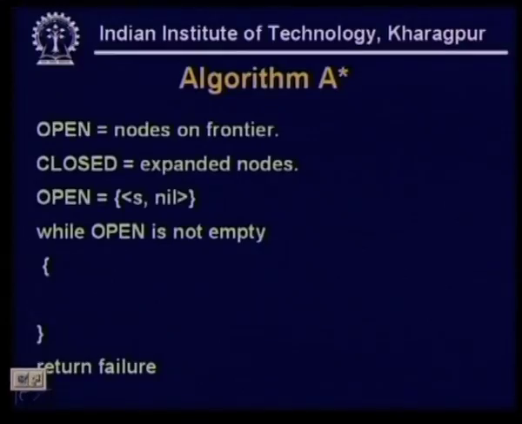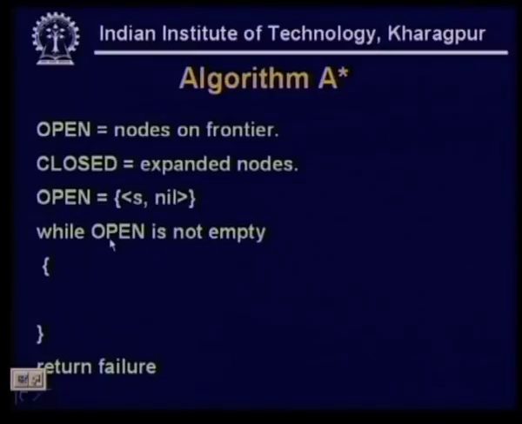Open is the list of nodes on the frontier of the search tree. Initially, closed is empty and open has a single node, the start node, and the path associated with the node is an empty path. Then the algorithm A star executes this loop.